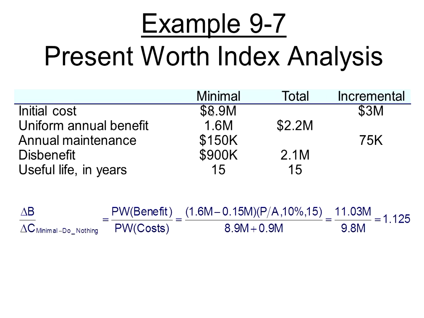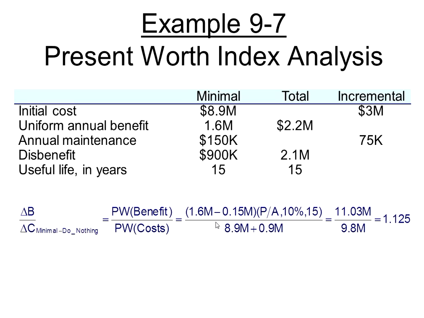So we have the initial cost here, and then this benefit is also happening at the beginning, so it's also initial cost. So we're adding 8.9 and 0.9 million, and then the benefit is the rest of it. The benefit is 1.6 annual and annual maintenance, both annual, so from the benefit we subtract the maintenance, because this is a disbenefit.